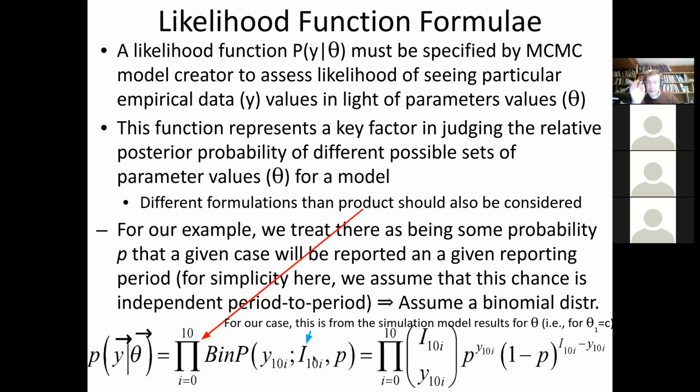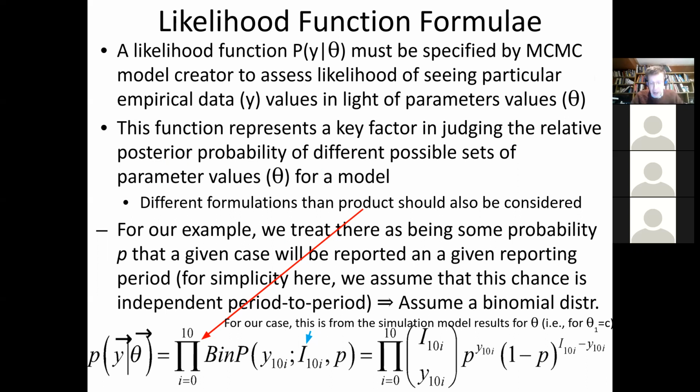So this is the key with using MCMC with simulation models. When you have an underlying simulation model, it can take the parameter vector theta, here C and P, you run it through the simulation model, and out you get quantities that are more directly comparable to data in the world.